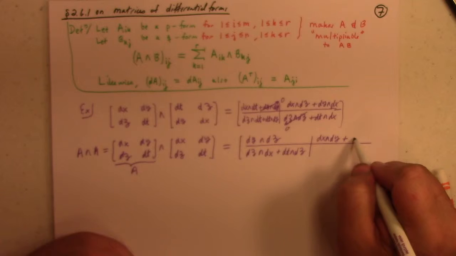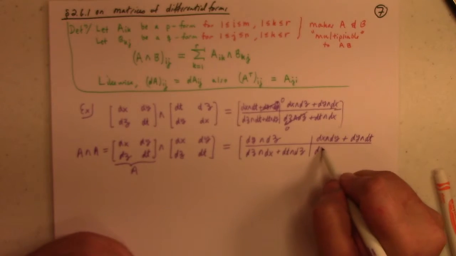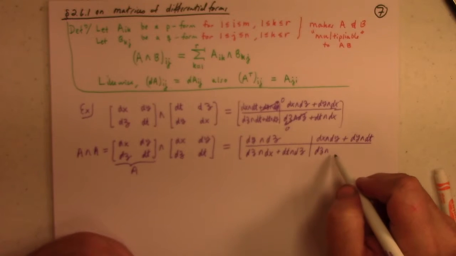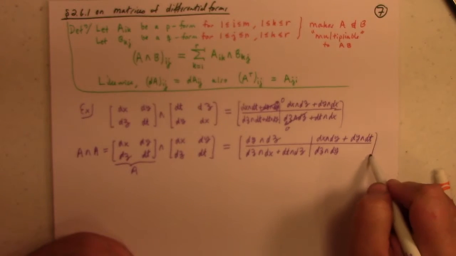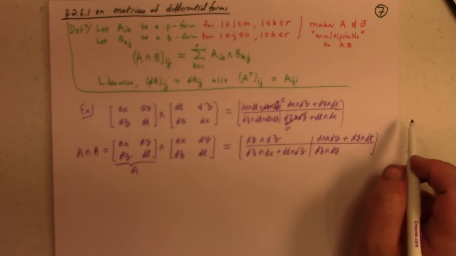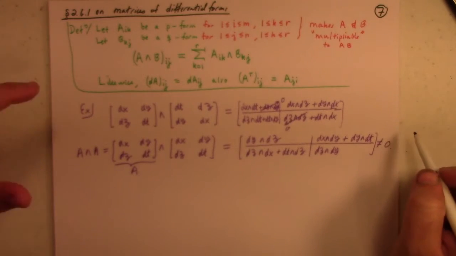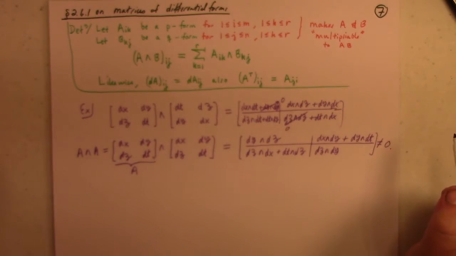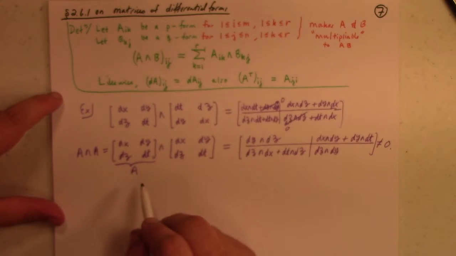Plus dy wedge dt. dz wedge dy, plus 0. Curious. Anyway, as you can see, not 0. So things we can say about one forms don't necessarily apply to matrices of one forms, kind of just like numbers.